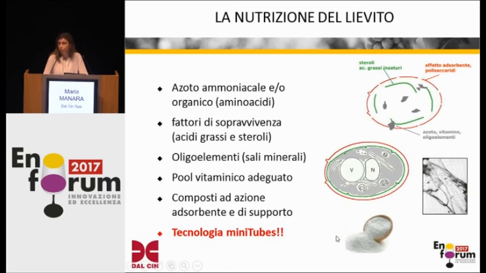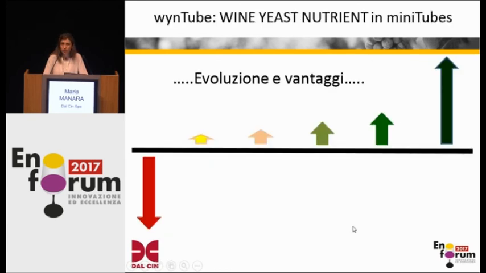Now we have a complete range of products called Mini Tubes to feed yeast, meeting all its needs. Let's see what the WinTube can do compared to the traditional nutrients and what's lacking in it.